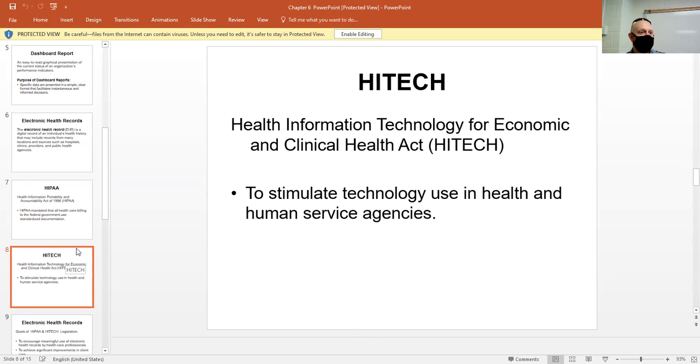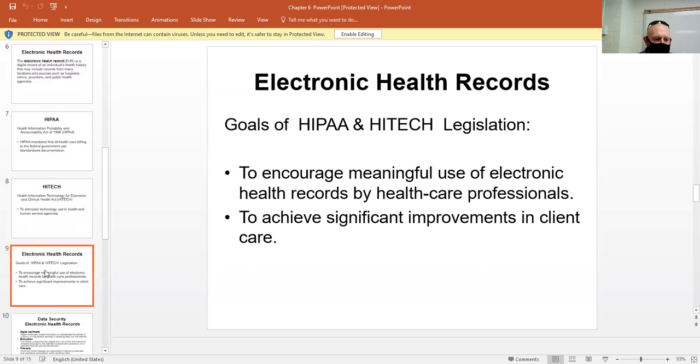Don't you think? Technology is expensive. Somebody up above with some pull said, you know what? We need to form us a group and push technology, and they formed HITECH. So, electronic health records, goals of HIPAA and HITECH legislation.